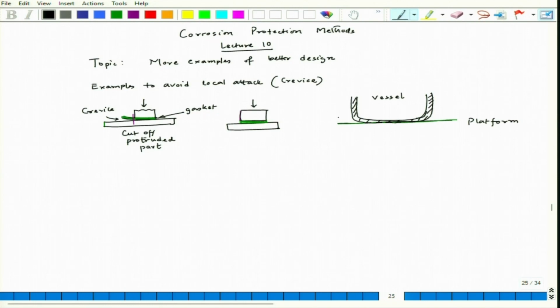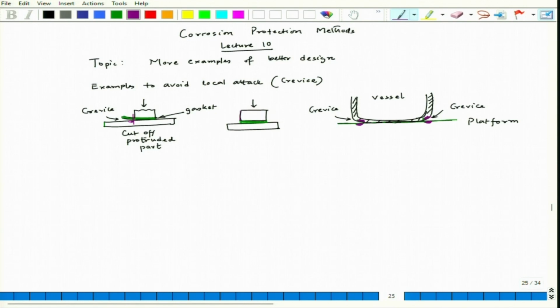Again, we are creating crevice. This will again lead to corrosion damage around this particular surface as well as this particular surface. There will be corrosion due to crevice corrosion. So, this is the crevice part. In fact, the crevice in the previous example would have been here. Those are the crevice attack points.